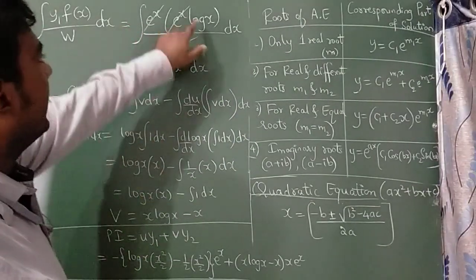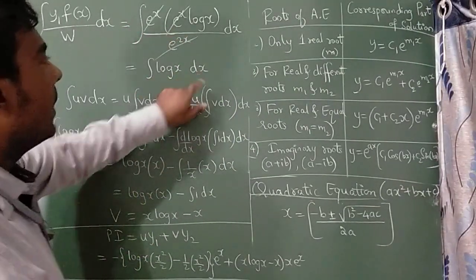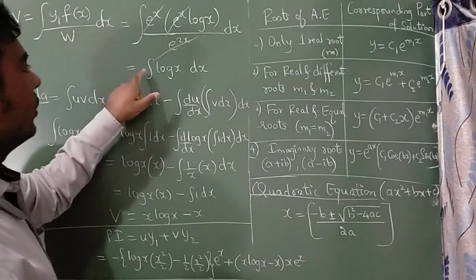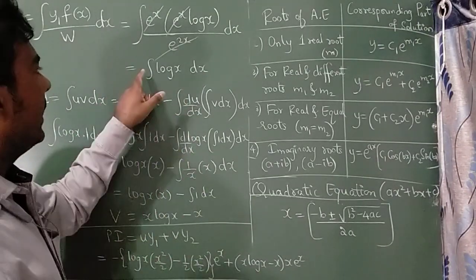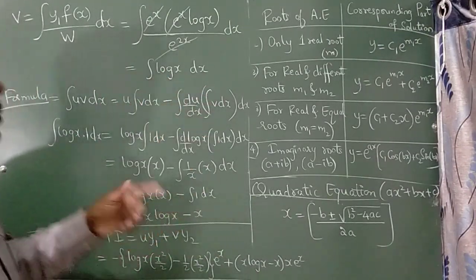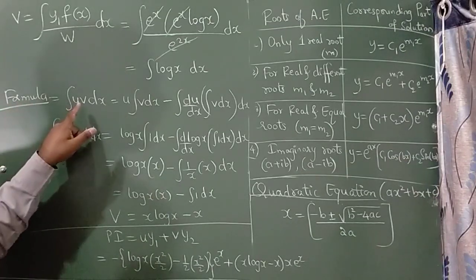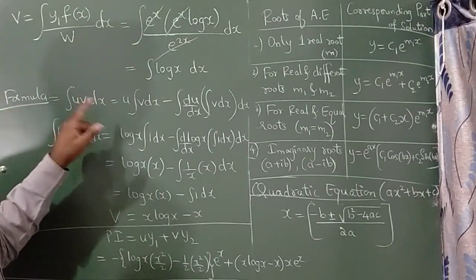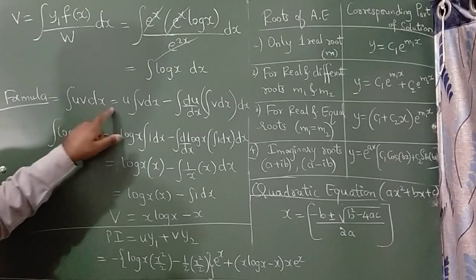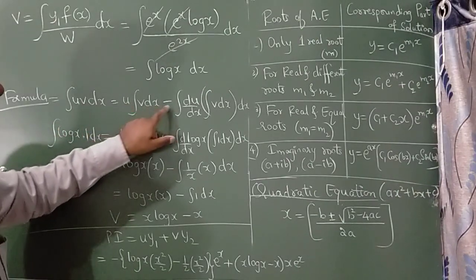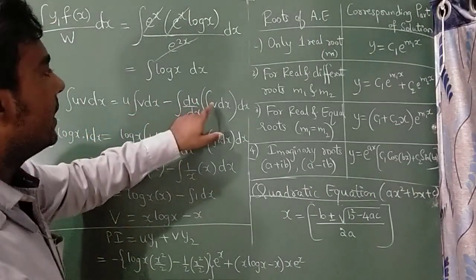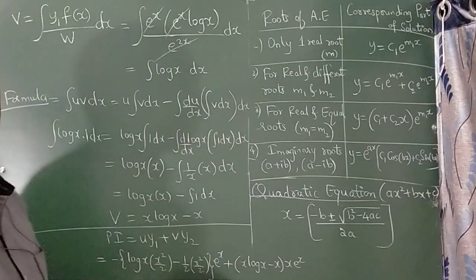So what is remaining? Integration of log x dx. But as I have told you, there is no formula for integration of log x. So we need to use the integrating by parts formula. That is integration of uv dx is equal to u integration of v dx minus integration of du by dx, integration of v dx into dx.